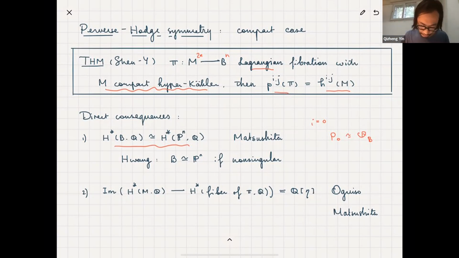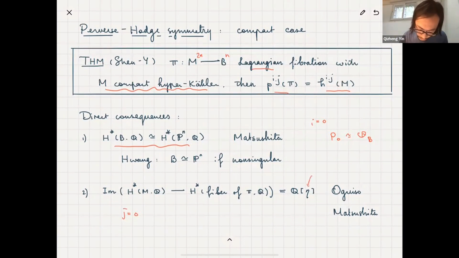And also you can take j equals 0. Then what you recover is the space of invariant cycles. So you can take the cohomology of your M and then restrict to, say, a generic fiber, which is an abelian variety. And then you can consider the space of invariant cycles. The answer is, even if the total space may have a lot of cohomology classes, the invariant cycles are only one-dimensional in each even degree.